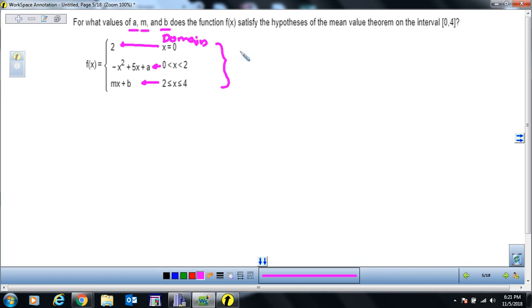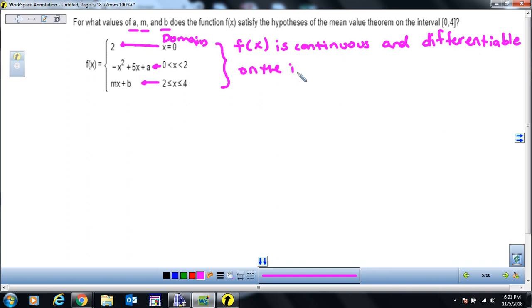So then let's say the following, that f of x is continuous and differentiable on the interval from 0 to 2.